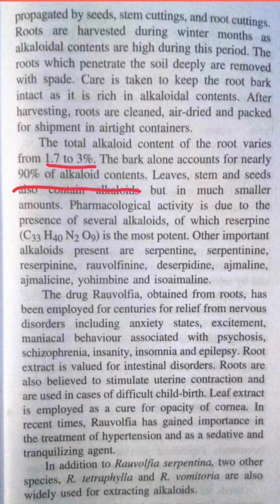The leaves, the stems, and even the seeds also contain alkaloids, but in a much smaller amount. Just remember that the bark alone accounts for nearly 90%, whereas the alkaloid content of the root is usually from 1.7 to 3%. So it is very rich in these nitrogenous compounds.